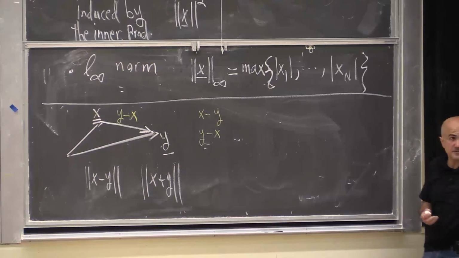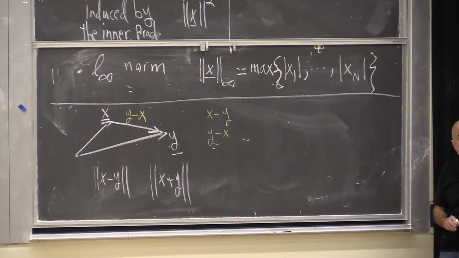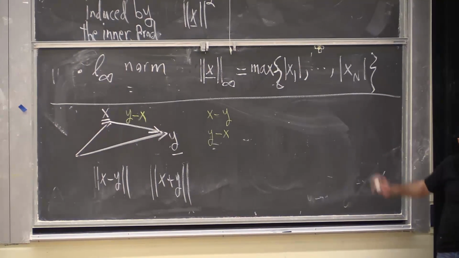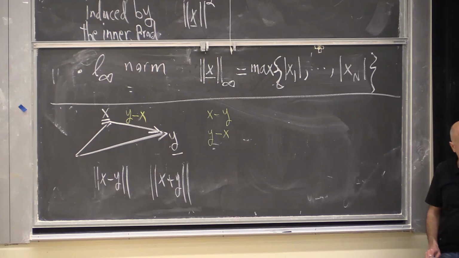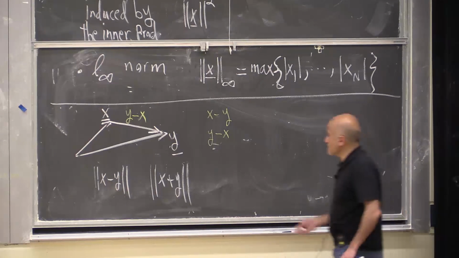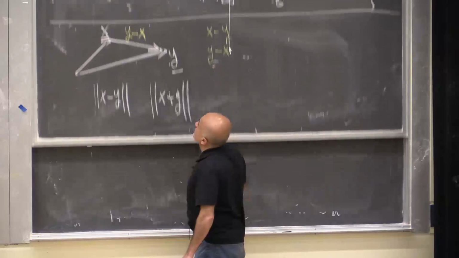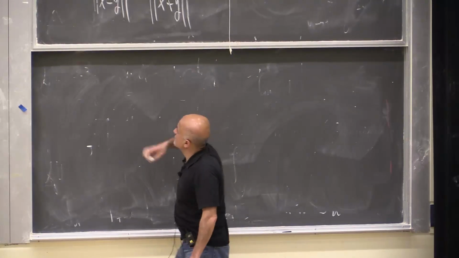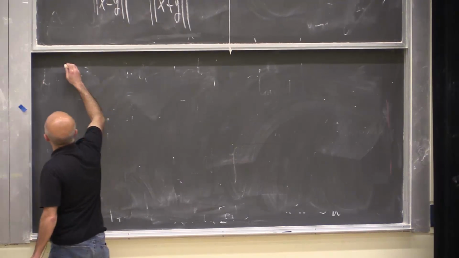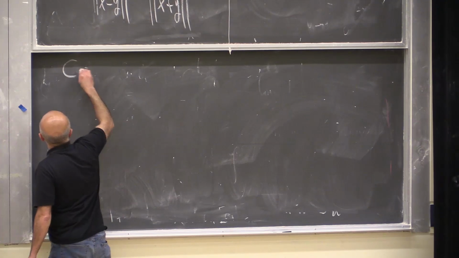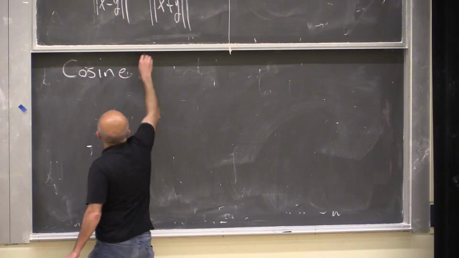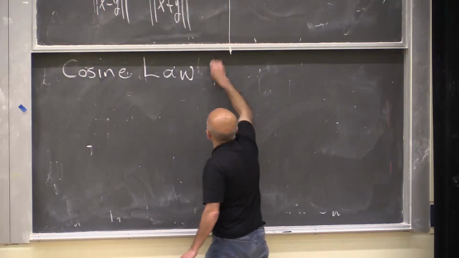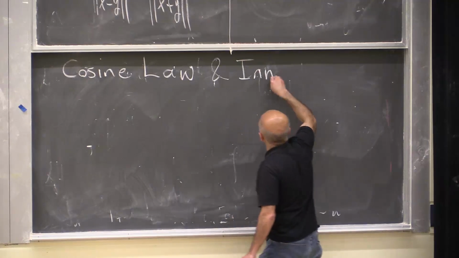We had no geometry defined. Now we have a geometry defined, and we're going to hash that out even more. So let's go to one of the most important rules, which is the cosine law and inner products.